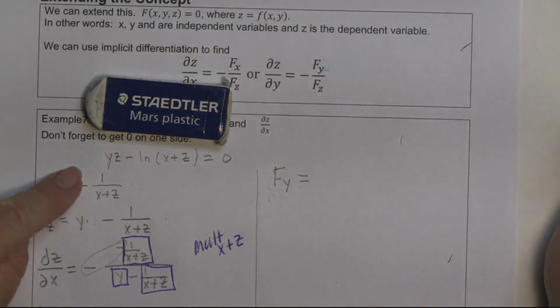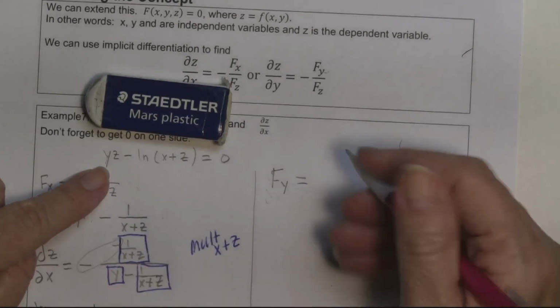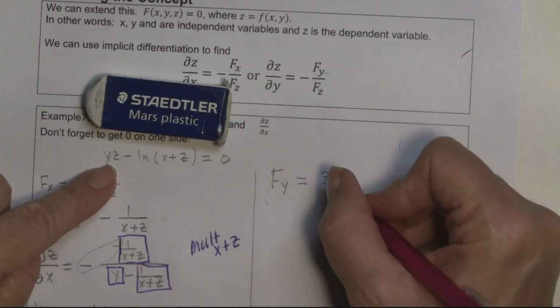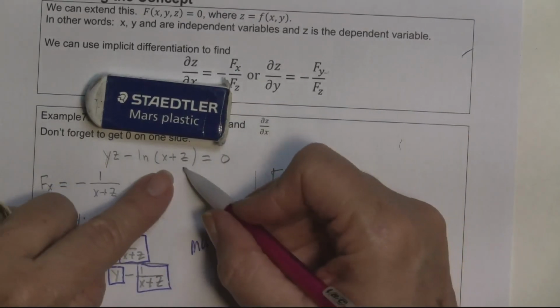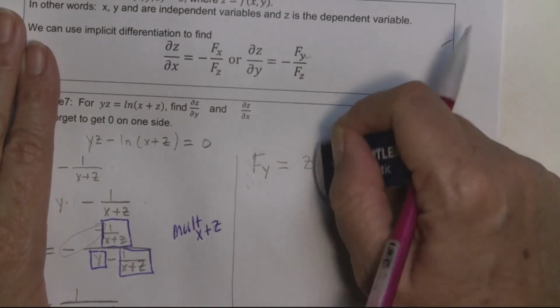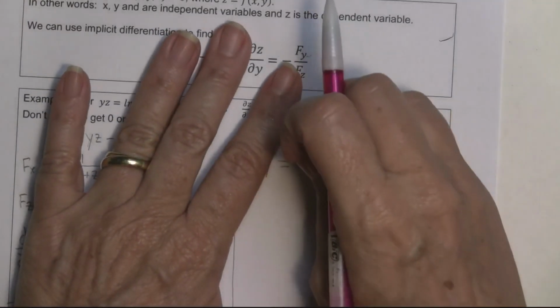Remember, I'm putting my eraser on that so I don't forget. So y is what I'm taking the derivative with respect to, and z is a constant. So I would write z down, and I would take the derivative of y, which is 1. This does not have a y in it, so hot diggity dog. So the answer is just the partial with respect to y is just z.